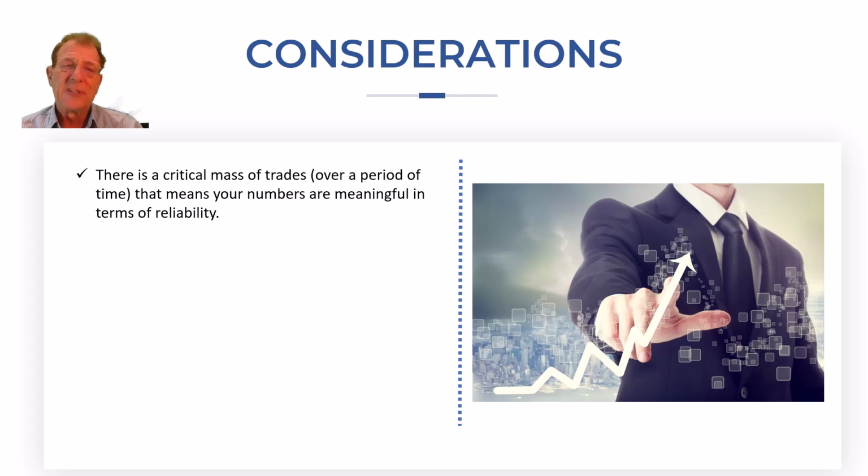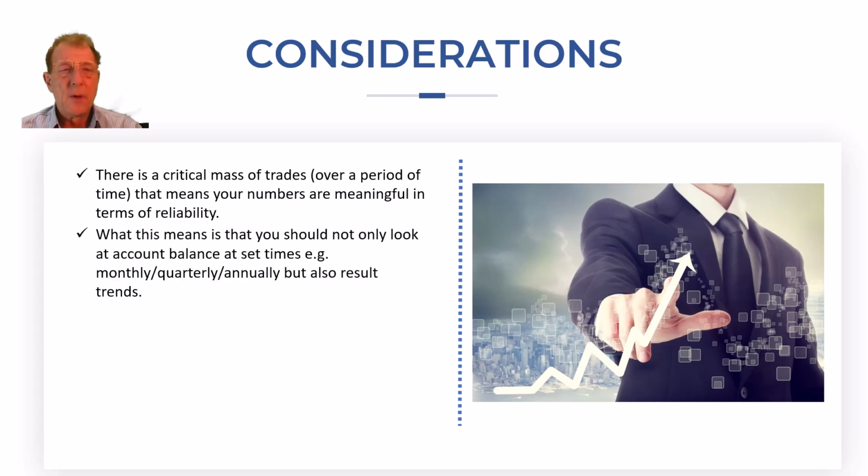So the more critical mass of trades that you have, the more that you can make judgments about how reliable your system is. So what this means is that you should not only look at your account balance at set times, for example, monthly, quarterly, or annually, but also result trends. Are you seeing your results go up, or are you seeing them come down over a period of time?